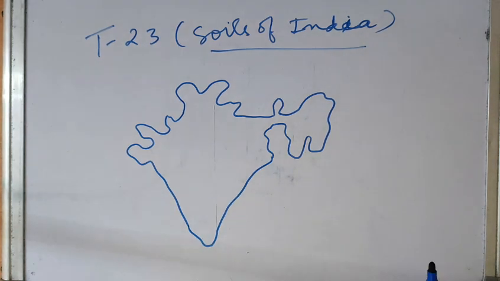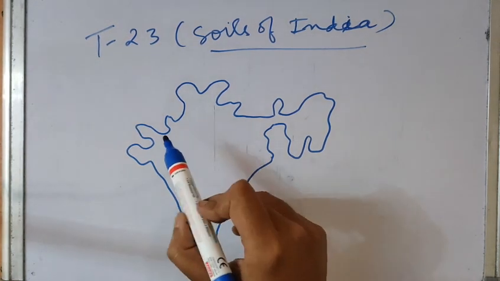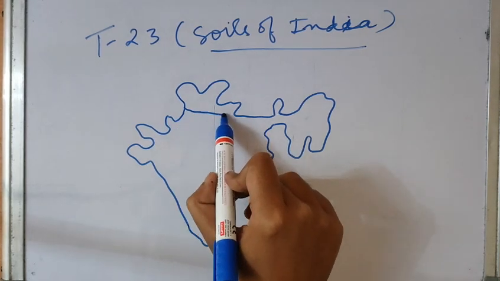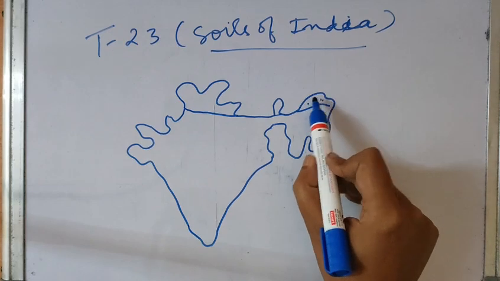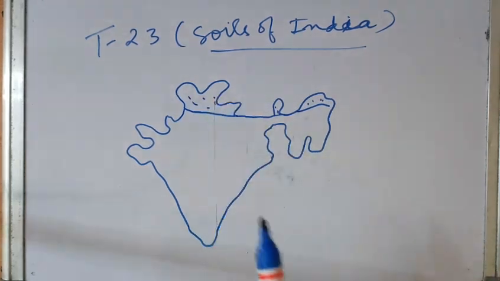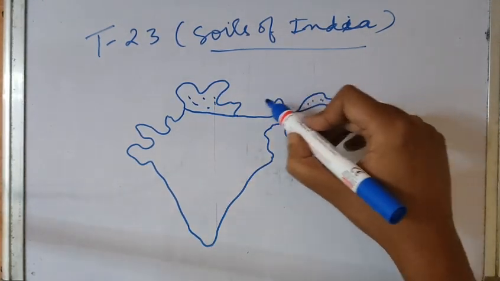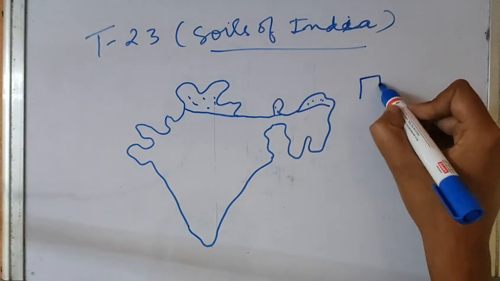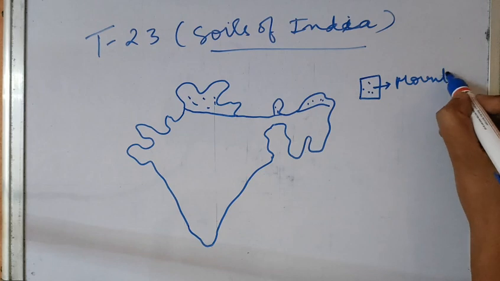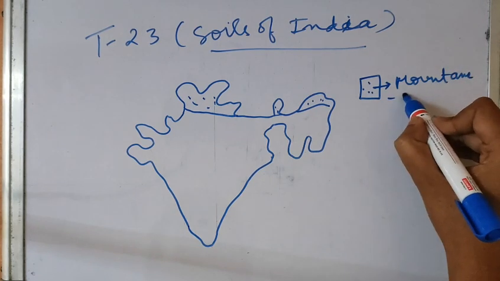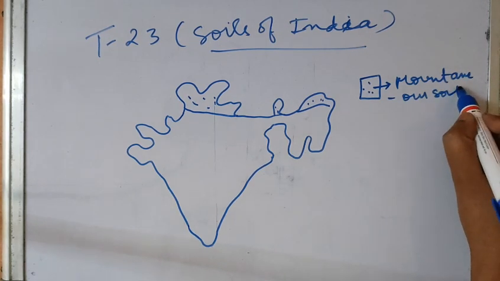So when you look into the map of India, this region and these upper regions, these contain mountainous soil.